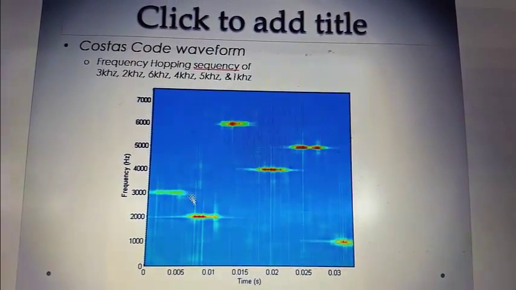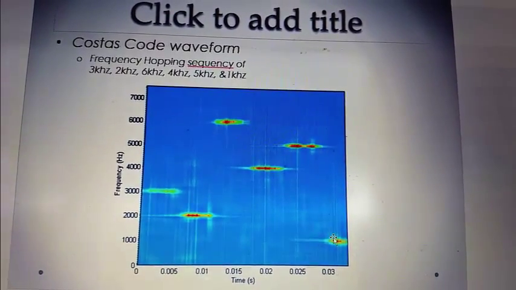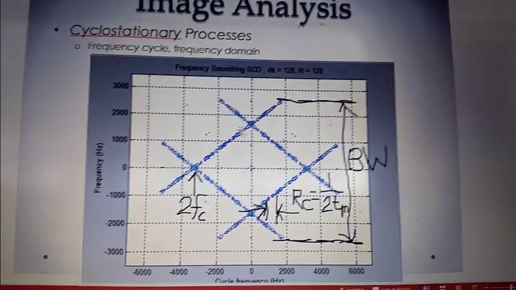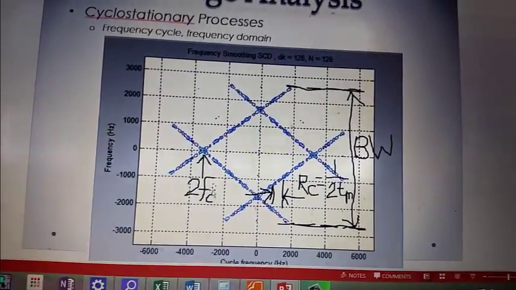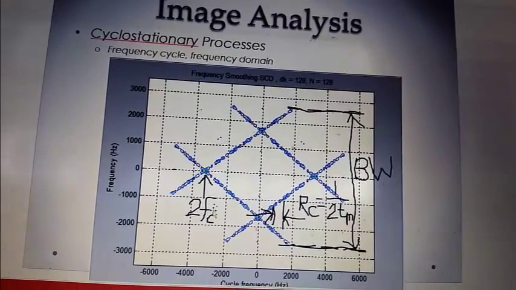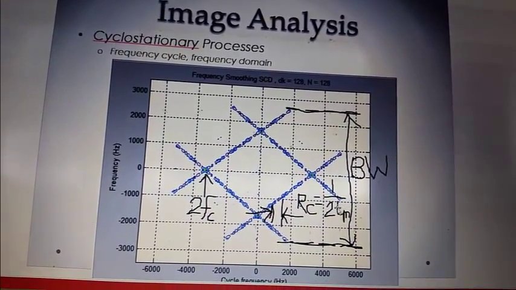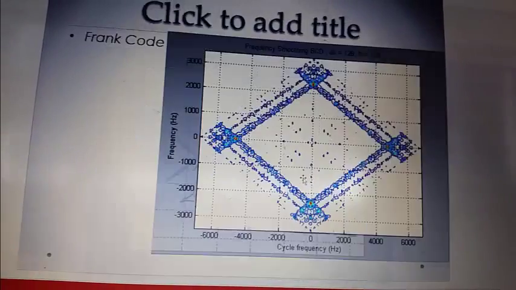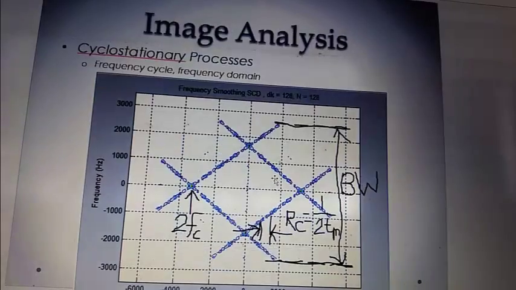You can see here it is 3,000, 2,000, 6,000, 4,000, 5,000, and 1,000. And with the cyclostationary processes, from the images we can see the carrier frequency, bandwidth, and the modulation period. Okay, that is about it.